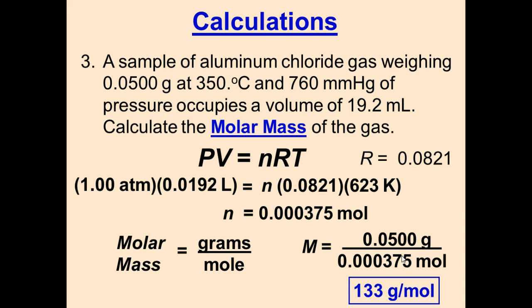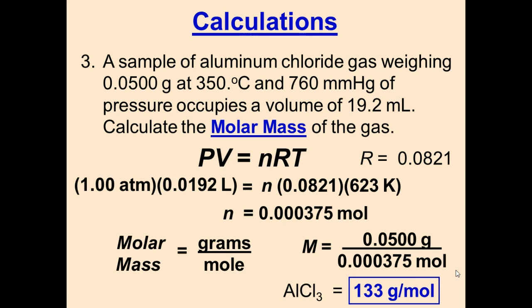So even though this problem seems a little complex, just go with what you know, and remember, molar mass, you have to know that it's grams per mole, and then we know our PV equals nRT. So we had three things, so we could solve for n, and just put the two pieces together. Once we solved n, we could have easily got to molar mass by dividing grams by moles.